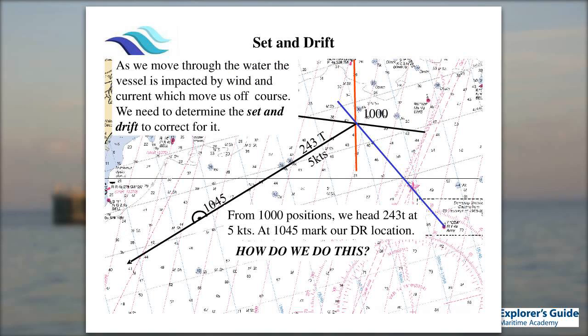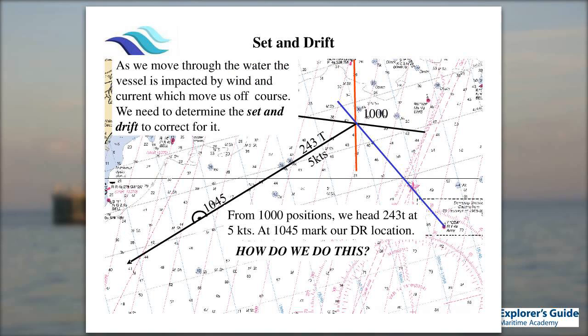Set and drift. Set and drift can be very challenging. It shouldn't be, though. It's basically a very sequential problem that we're going to solve. In this case, we have our 3-point fix where we're at 1000 hours, and we're on a heading of 243 true at 5 knots. At 1045, we mark our DR location.